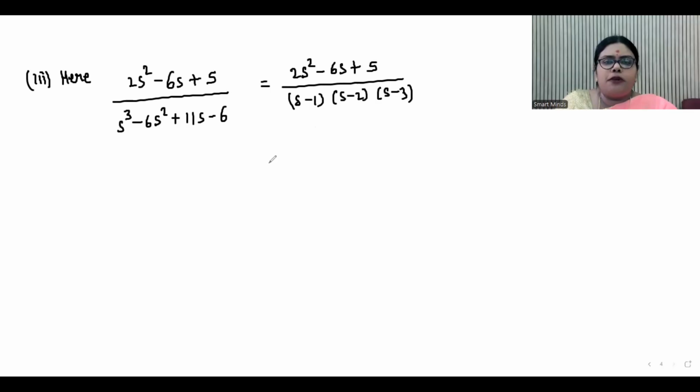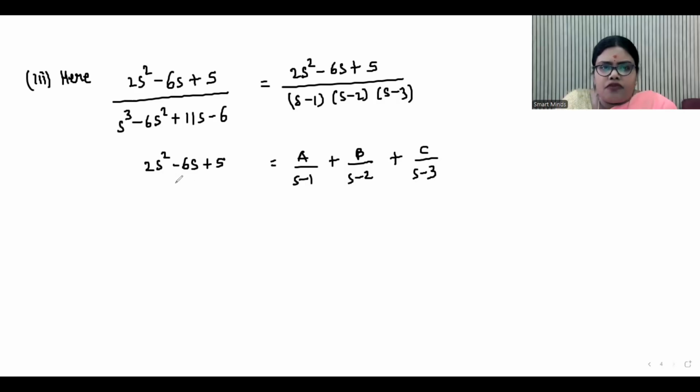Now you can split this as A by (s minus 1) plus B by (s minus 2) plus C by (s minus 3). On the left hand side we can write 2s^2 minus 6s plus 5 by (s minus 1)(s minus 2)(s minus 3).